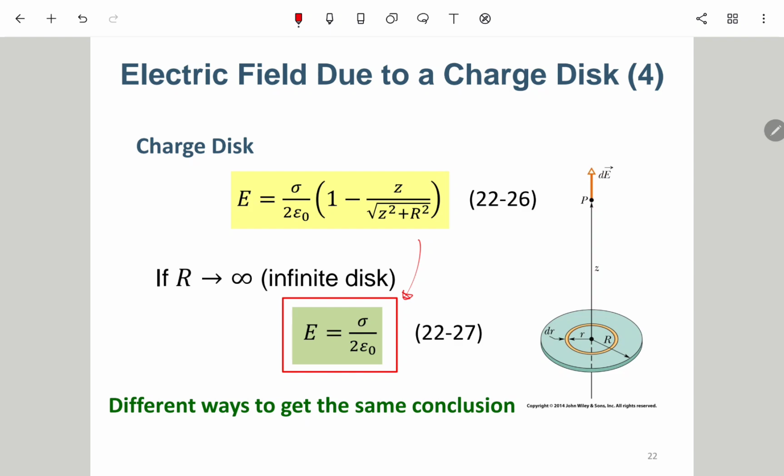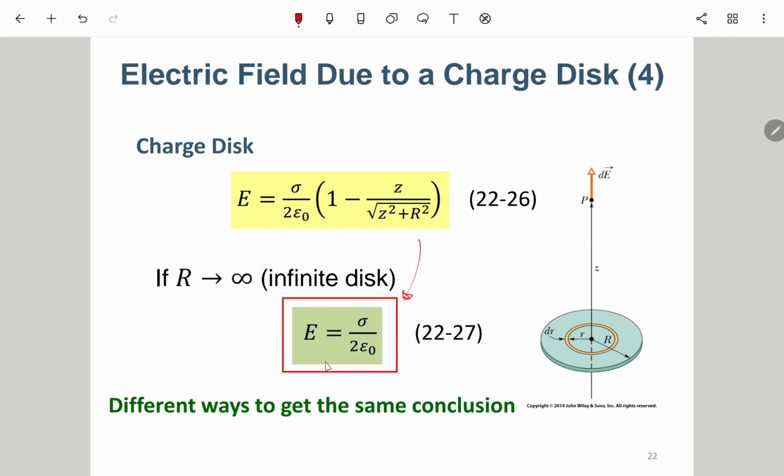But in that case, we didn't apply the Gauss law, so the steps are more complicated. You need to separate this into many rings with different radii, integrate the E field generated by the different rings, and finally let R tend to infinity, and it simplifies to this.